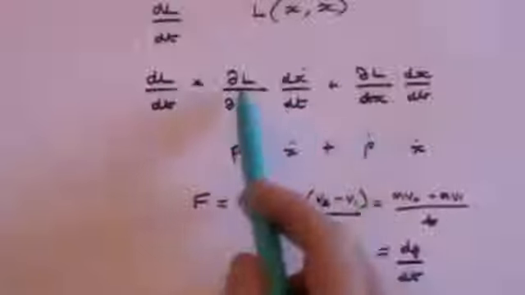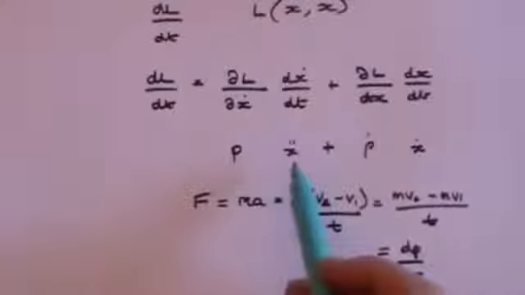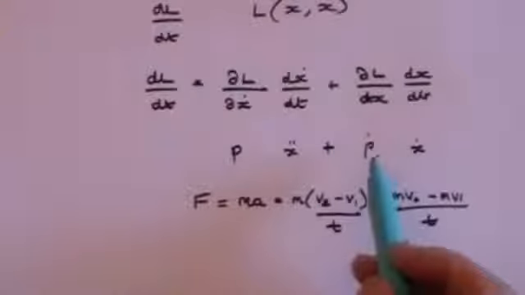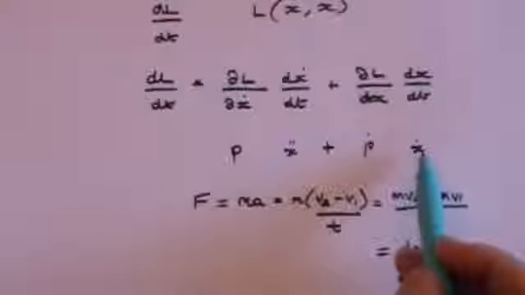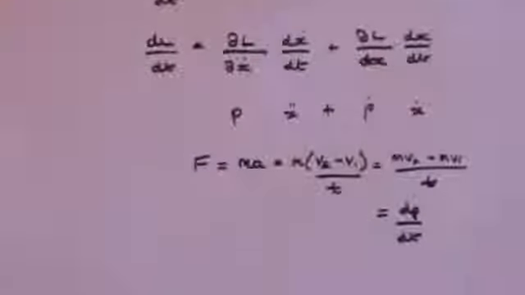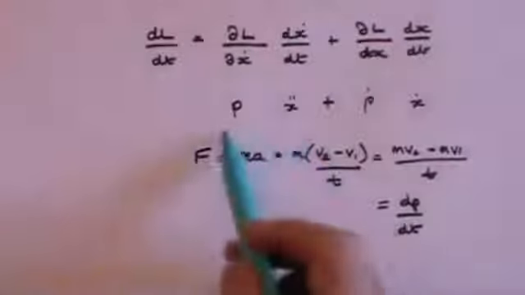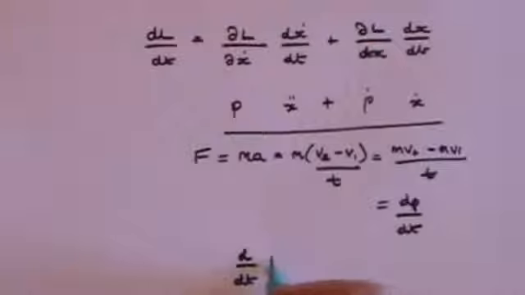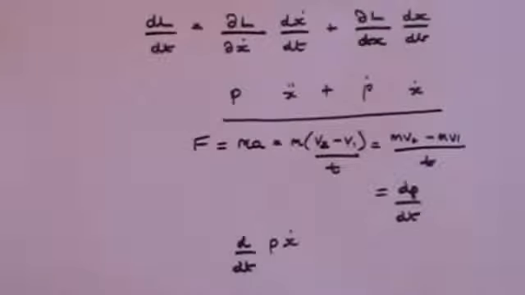So you've essentially reduced this equation to momentum times acceleration plus the rate of change of momentum times velocity. Now I am going to assert, and then I'll demonstrate it, that this term here is one and the same as the time differential of the product p x dot.